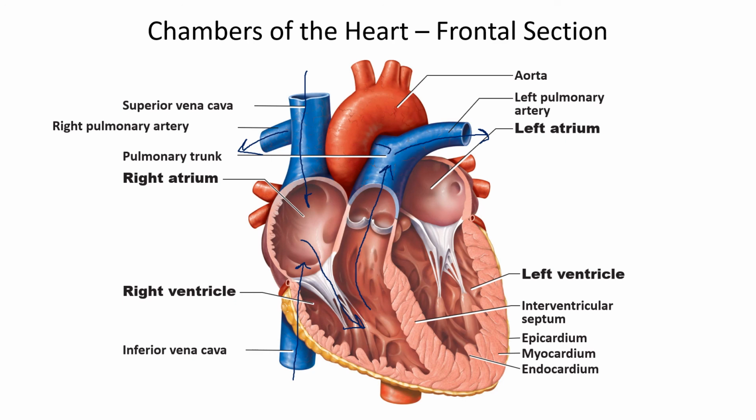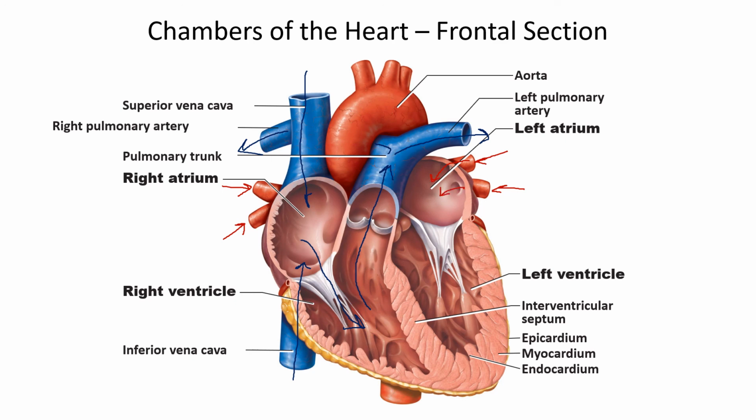So we have blood that comes in through the pulmonary veins. So that would be here, here, here, and here. So we have the right and left pulmonary veins, and they're also divided into superior and inferior. The blood is going to flow into the left atrium.